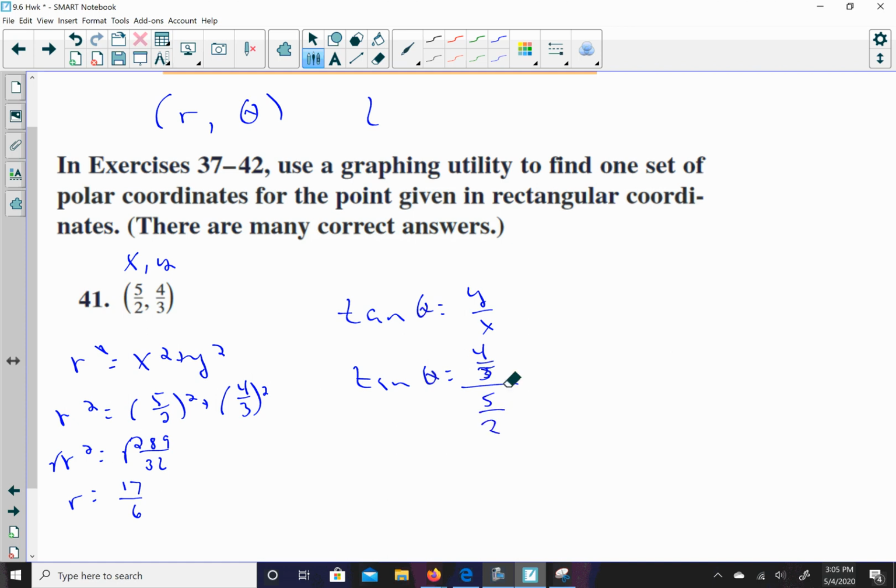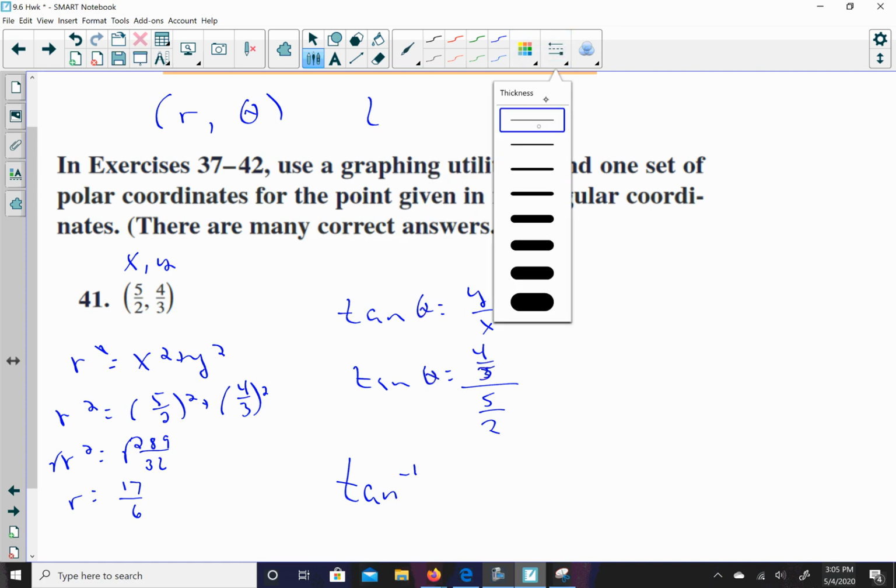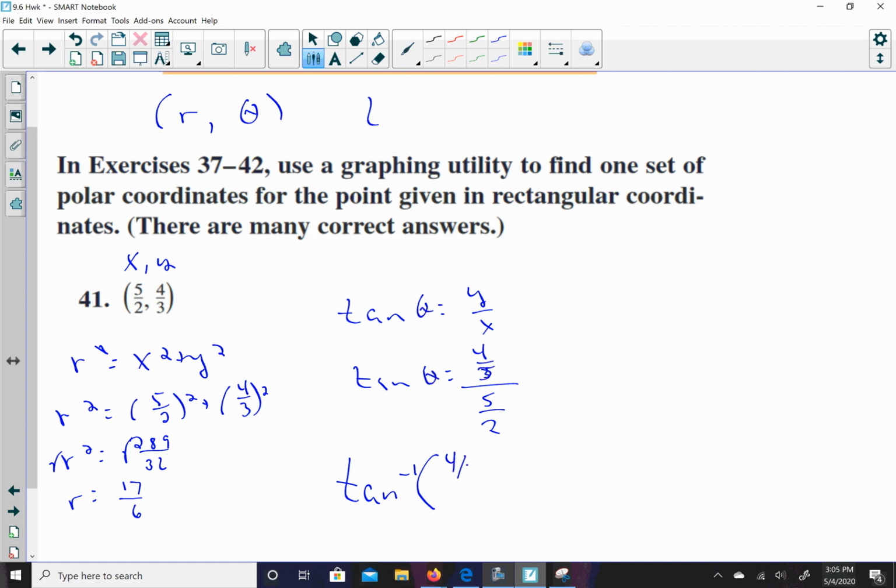So to do this in my calculator, I'm going to do the inverse tangent, and then a parenthesis. I'm going to do 4/3 divided by 5 halves.